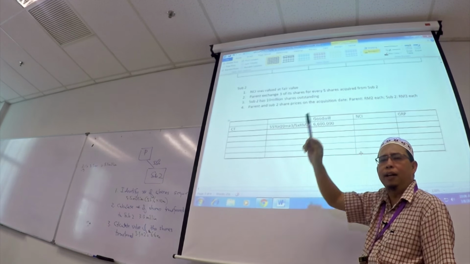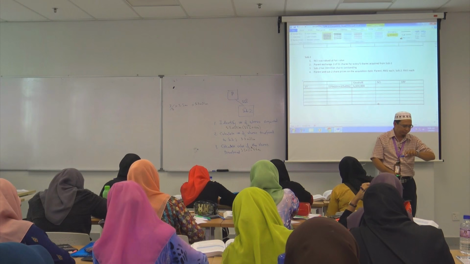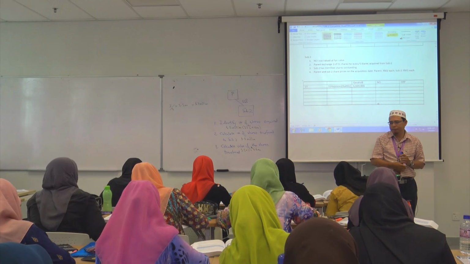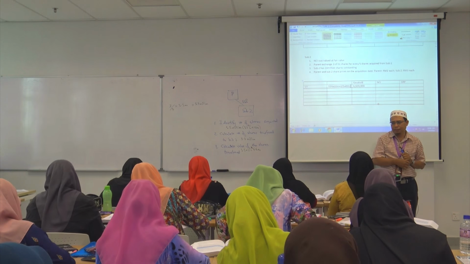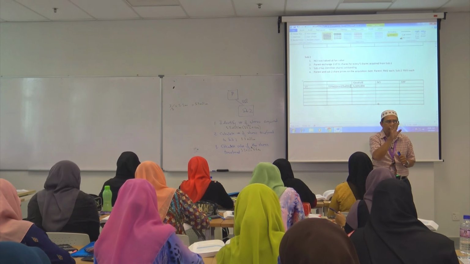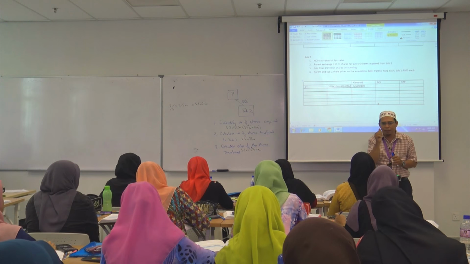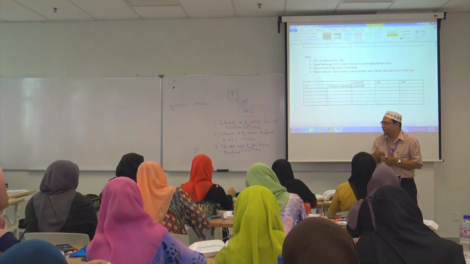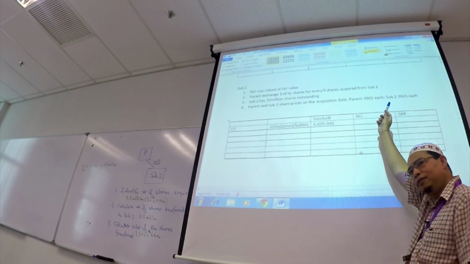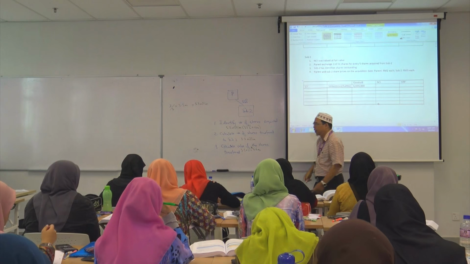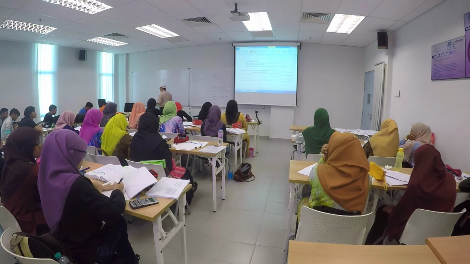Then only you get the answer: consideration transferred is 6.6 million. Any question? Anything that you want to ask? We only have two values here, the parent and subsidiary. So don't confuse. At this stage, this is the parent share value. Now your NCI.